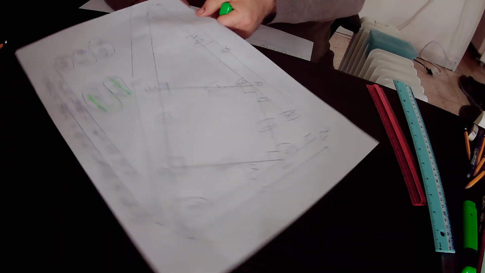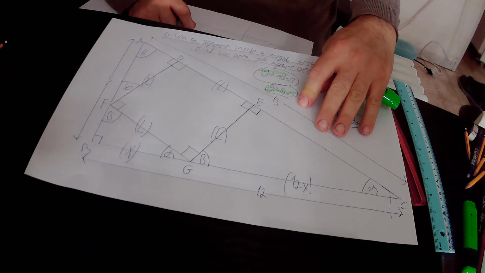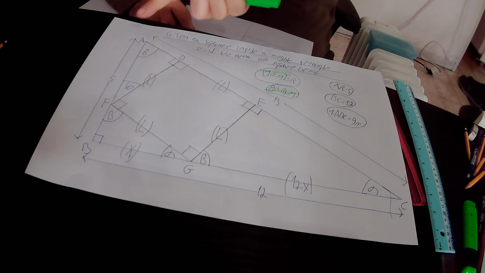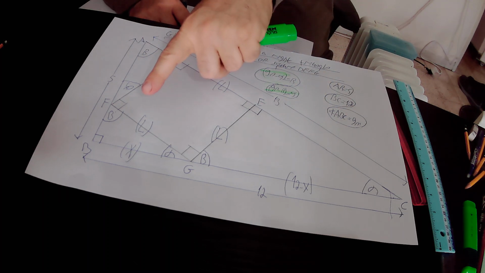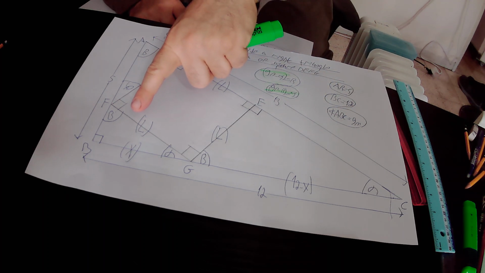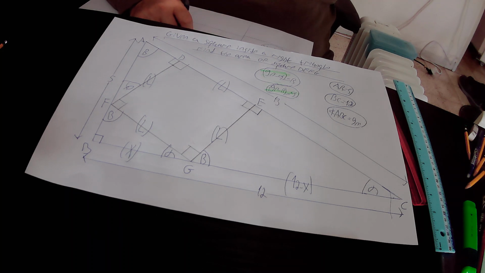So we know that the big right triangle ABC is similar to this small right triangle, triangle FBG, according to the angle similarity rule. And from the fact that those two right triangles are similar to each other, we derive that the following relationship exists between their sides.